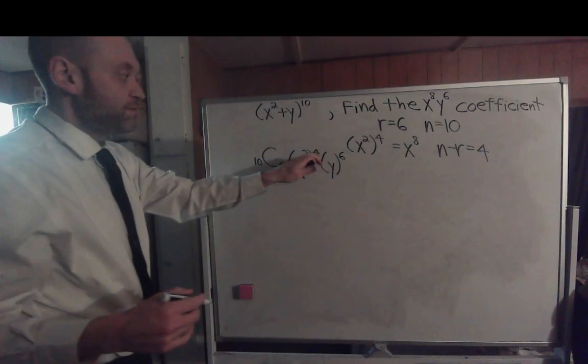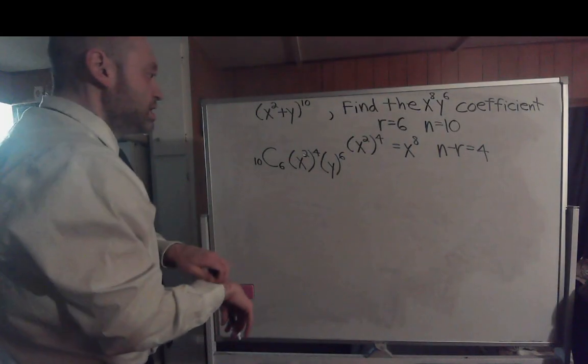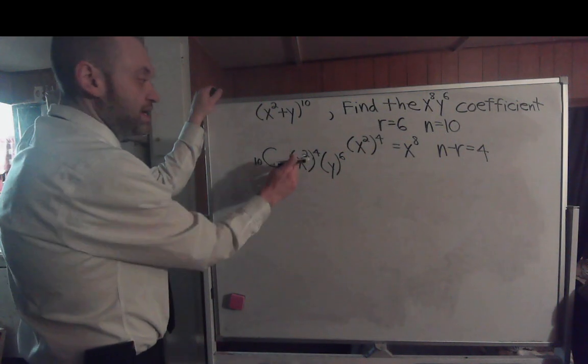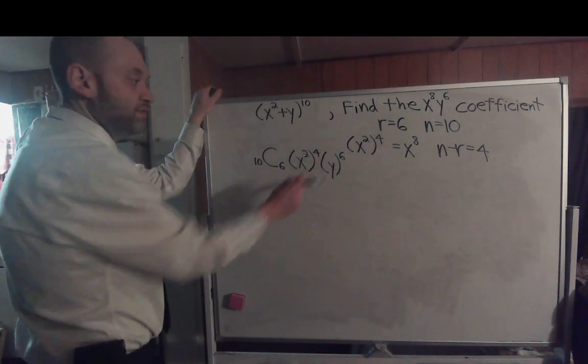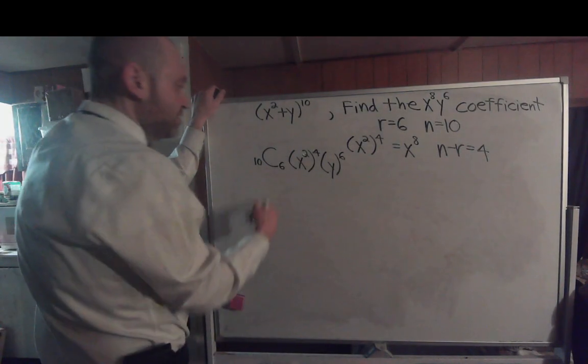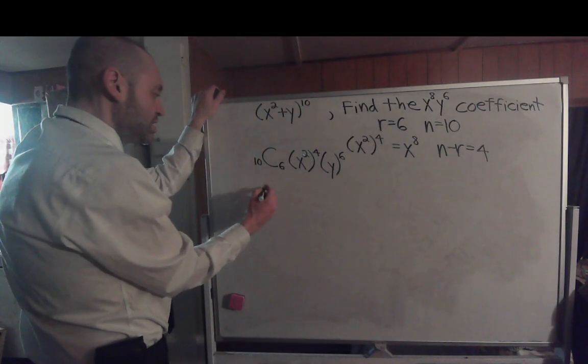And if you take that 4 and 6, you should get the 10th power. Okay. Well, all we're going to have to do now, because inside the parentheses for the variables, your coefficients are 1. So that's going to make your life a lot easier. All we have to do is just figure out a simple combination.